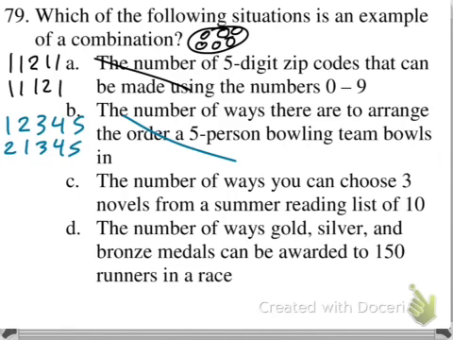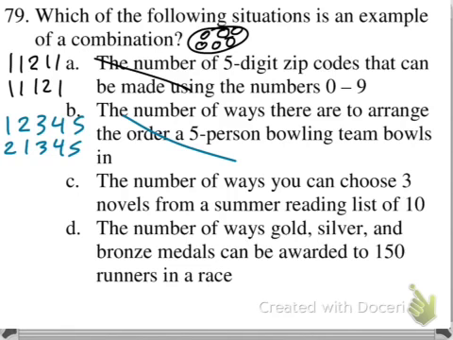So next one, C. The number of ways you can choose 3 novels from a summer reading list of 10. This one, I don't like how it's worded.